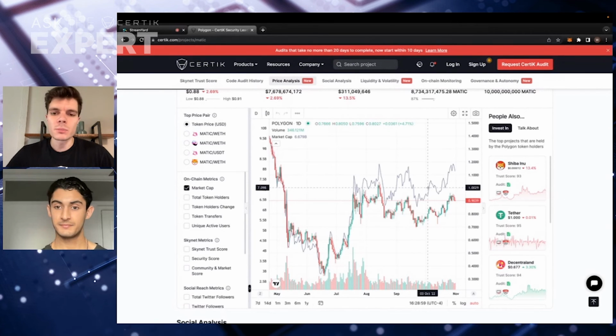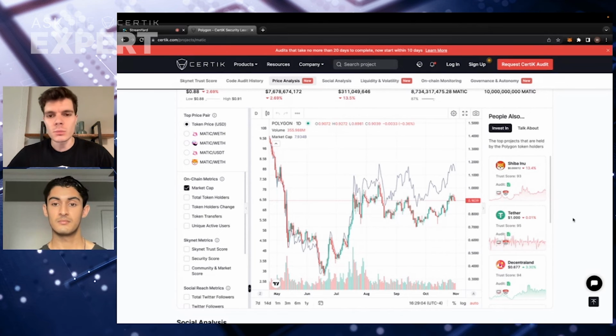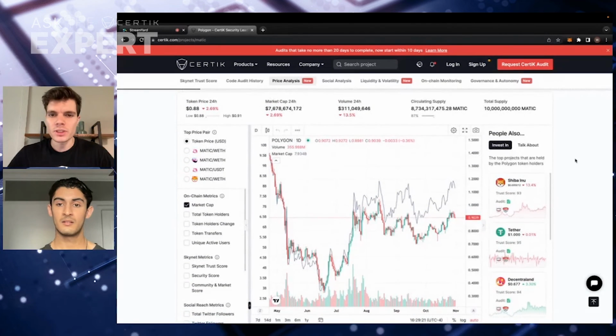That makes sense. So since market cap is the price of the token multiplied by the number of tokens, if the price stays the same but the market cap goes up, that means that there are more tokens in circulation, basically. That's exactly right. And it's cool to be able to see right up the top there the number of circulating tokens compared to the number of total tokens. Looks like we've got about 87% of all tokens currently in circulation.